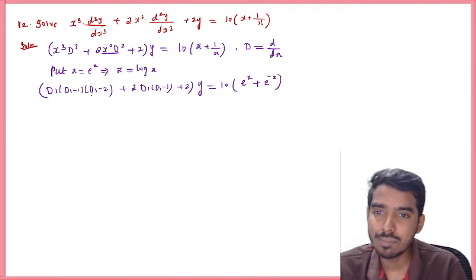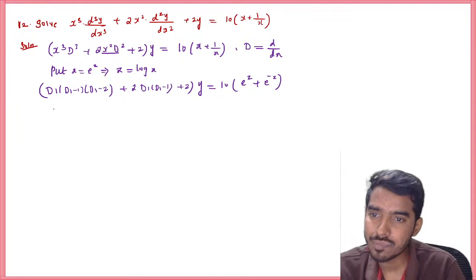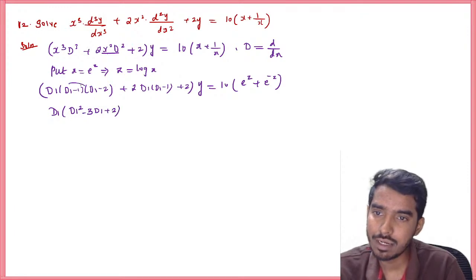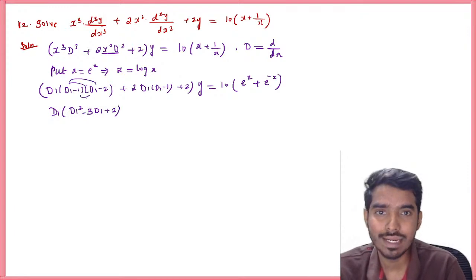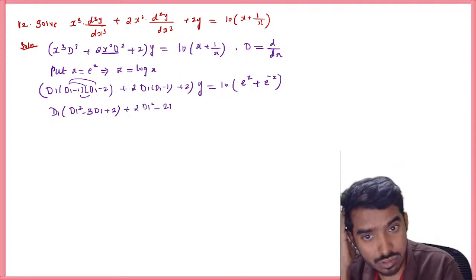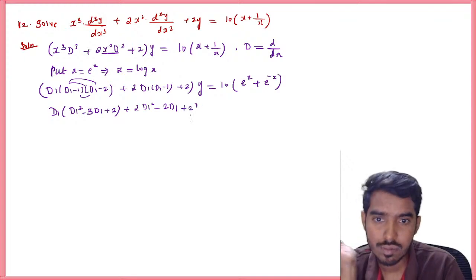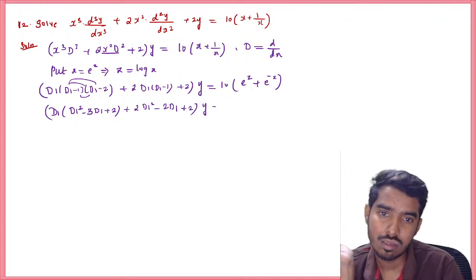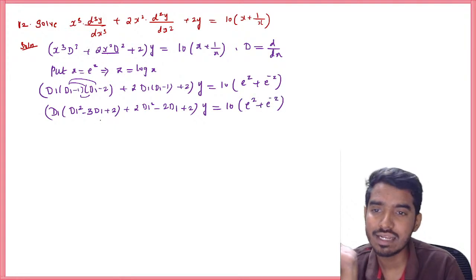So if you just simplify this, right? D1 square minus 3D1 plus 2 times D1 into... D1 square minus 2 times D1 plus 2 of y is equal to 10 into e power z plus e power minus z.